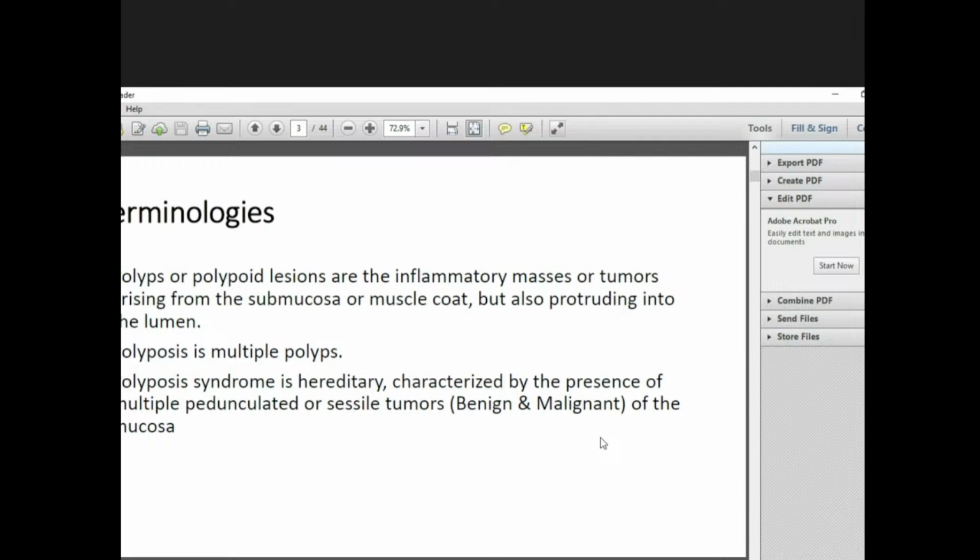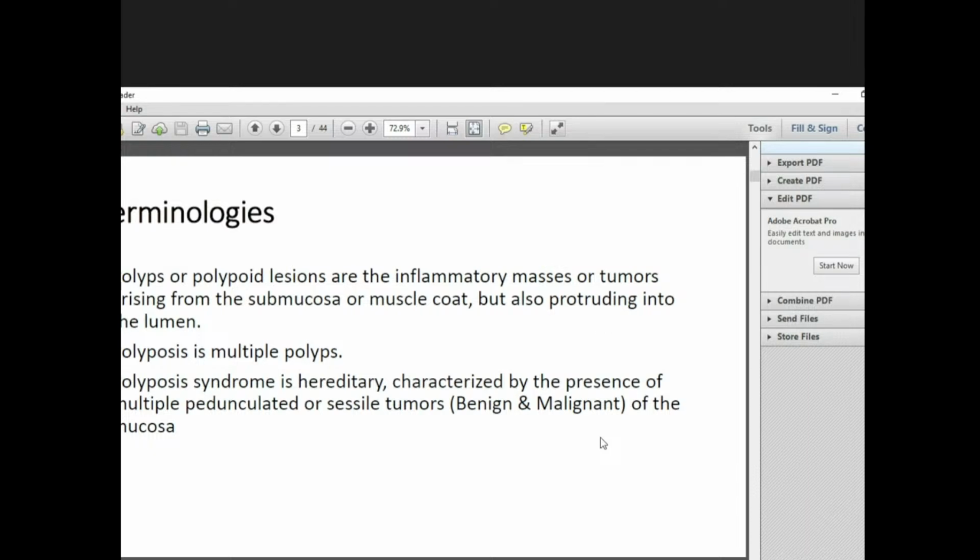Okay, so it is the projection, a finger-like projection of mucosa, submucosa, or muscle coat that hangs into the lumen, or that can be seen as an elevated lesion in the lumen. The polyp could be inflammatory or could be neoplastic.